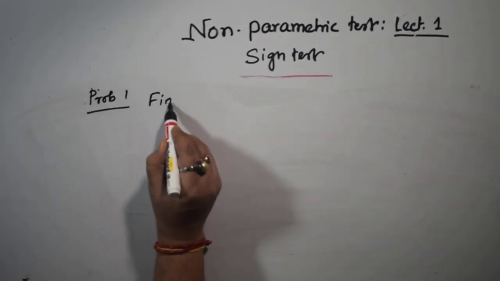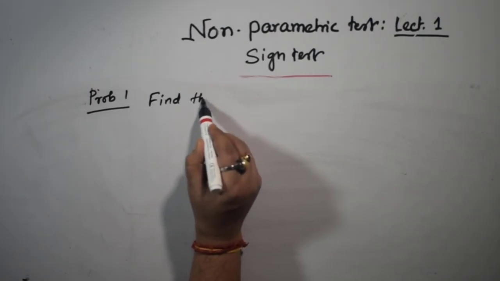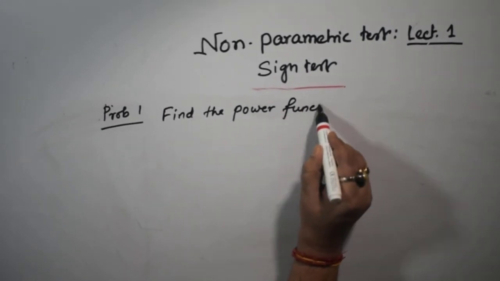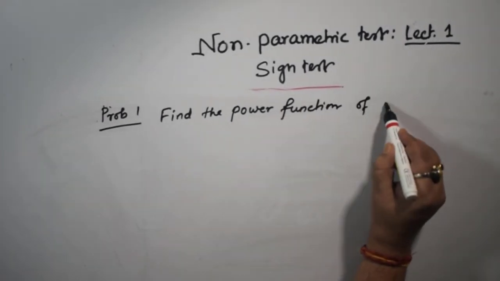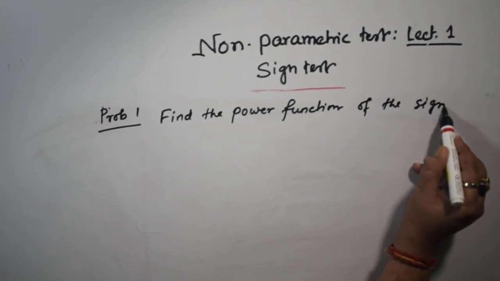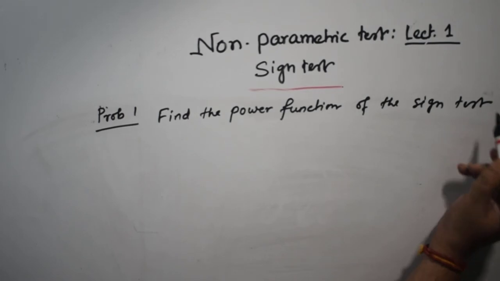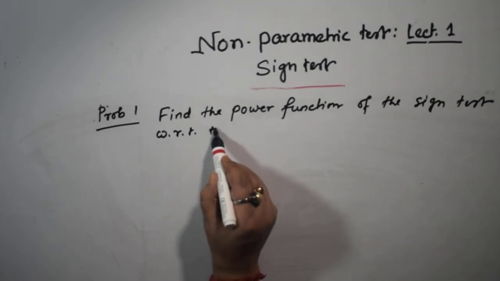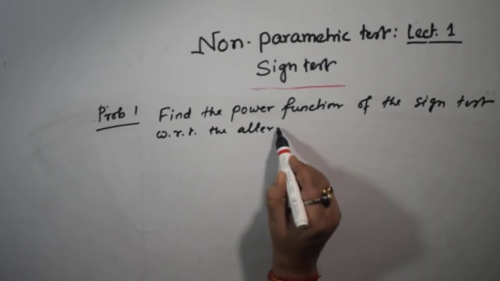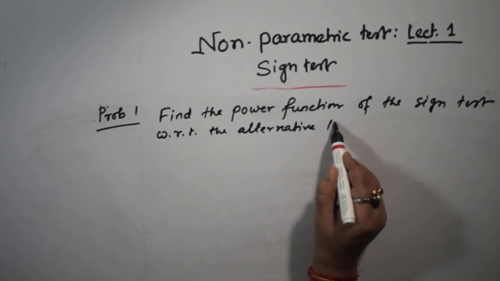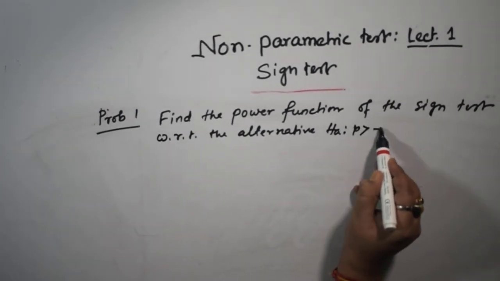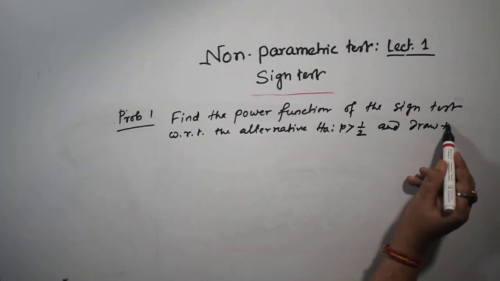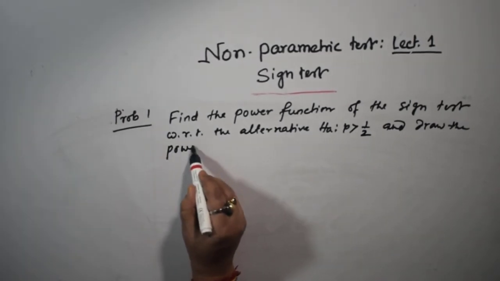Find the power function of the sign test with respect to the alternative p greater than half, and draw the power curve.